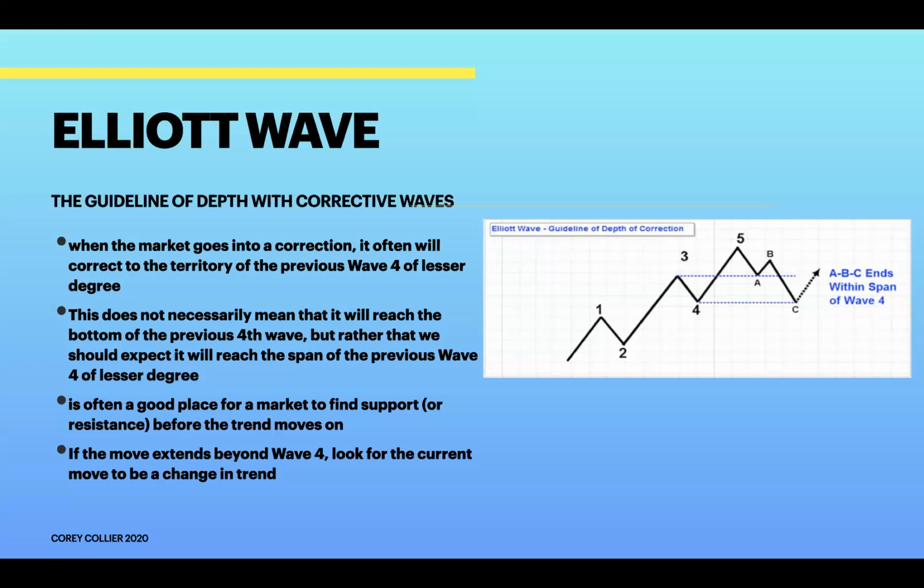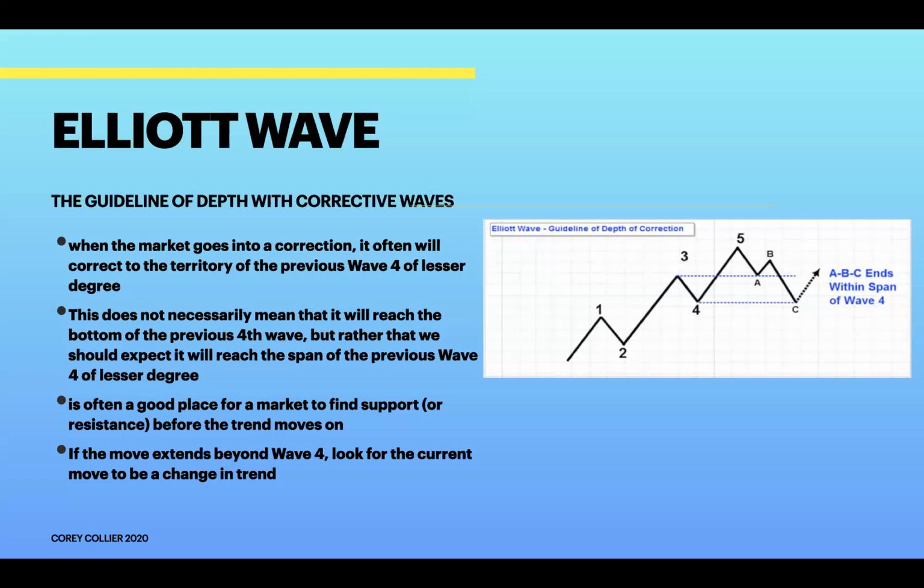look for the current move to be a change in trend. So the diagram to the right, guys, right? What that means is if the C wave of the ABC correction breaks the low of wave 4, you're looking at a change of trend. Okay, so if that's the case, you want it to break the low of wave 4, come back and retest the high of wave 3 and the bottom of wave A and reject.